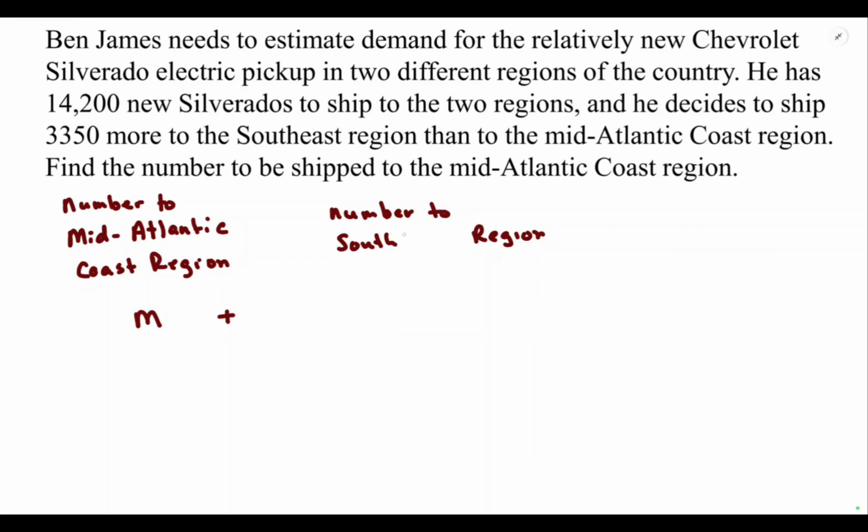And this is all one word. All right. So it'll be my M plus what? 3,350. Because we know that we're getting that many more than the Mid-Atlantic. So we know that the total amount of Silverados that they have is how many? 14,200.